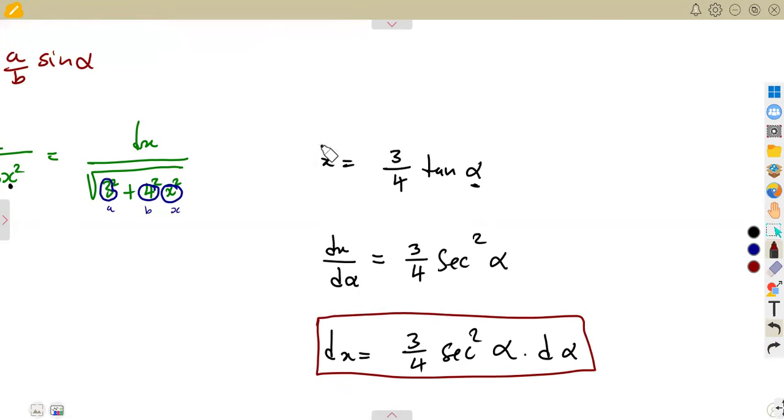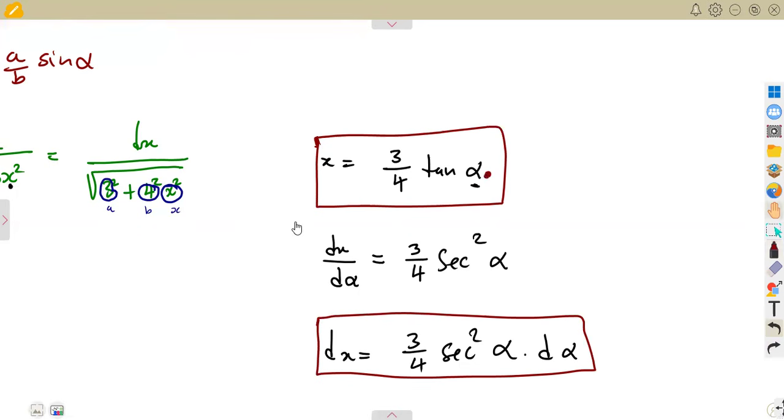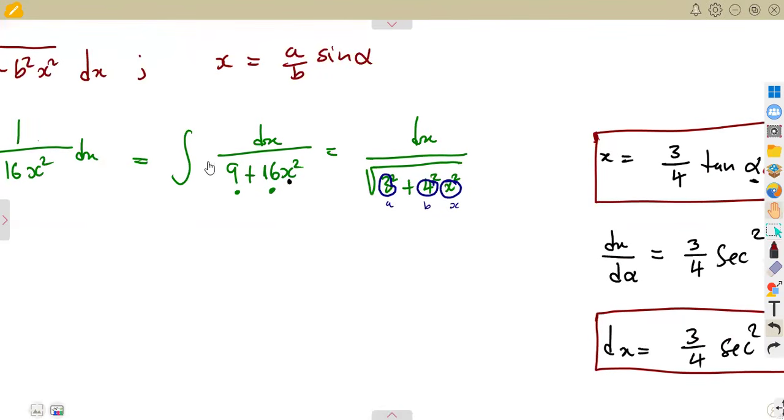The moment you make a substitution to say x is equal to this, the expression you're given has changed. It is now in terms of alpha. So later on, in order for us to integrate, we can't integrate because this is with respect to x, but x is now written in terms of alpha.